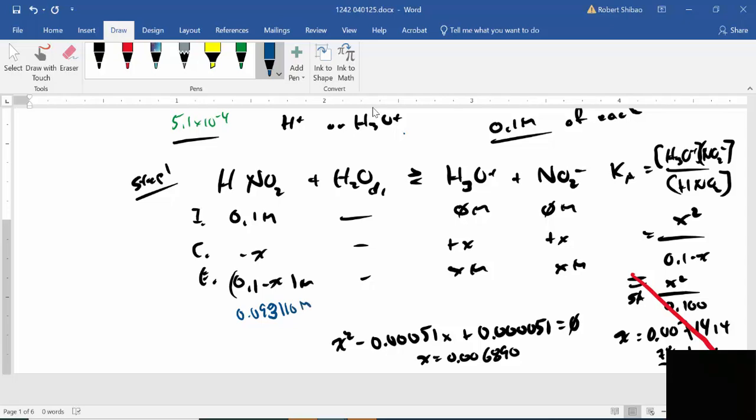And the hydronium is just going to come out to 0.00689. And the NO2 is 0.00689 molar. I'm already carrying extra digits, so I'm not going to carry the extra 0. And so let's double check our K value here and see what that comes out to.